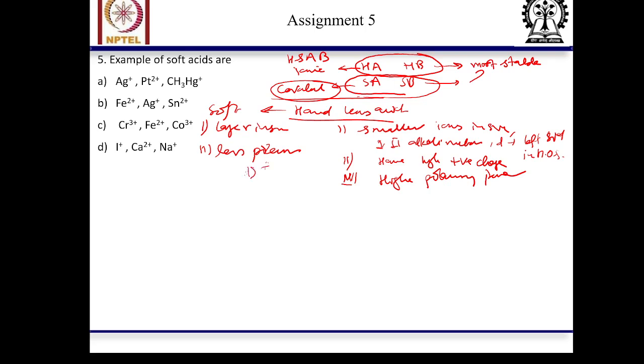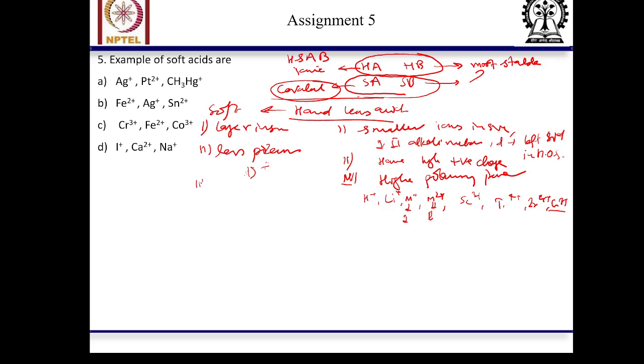If I give examples of hard acids, we have H plus, lithium plus, all the M plus from the first group, M2 plus from the second group elements, and then the d-block elements on the left side in higher oxidation state, like scandium 3 plus, titanium 4 plus, zirconium 4 plus, chromium 3 plus, like this.